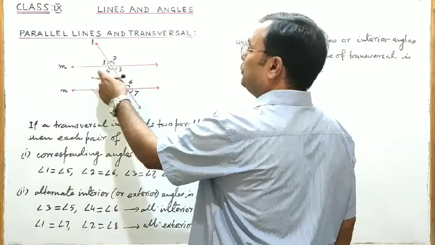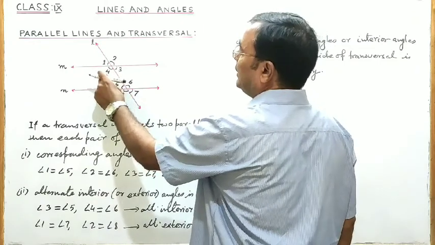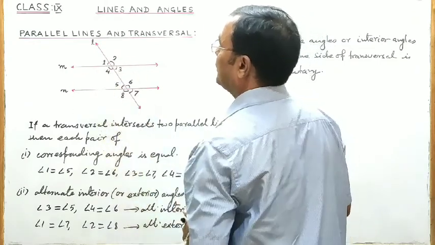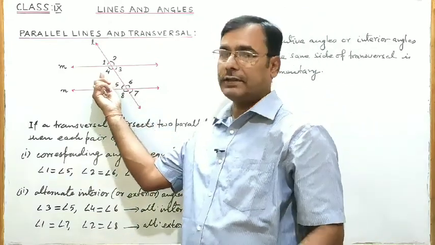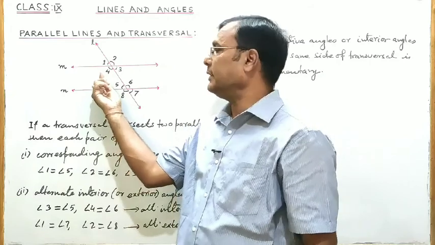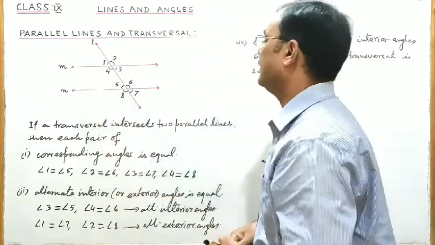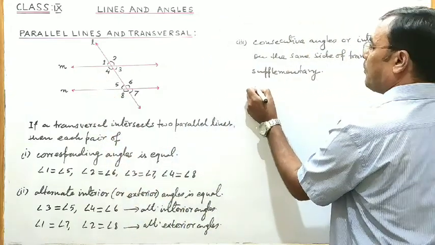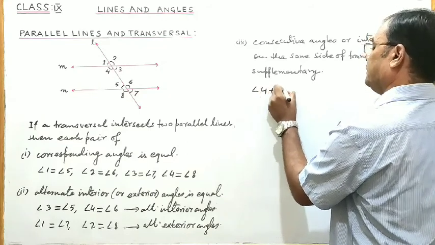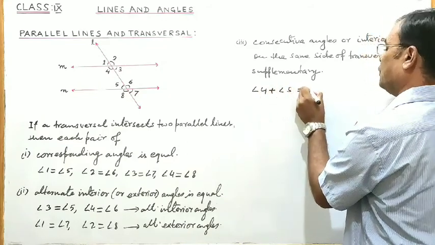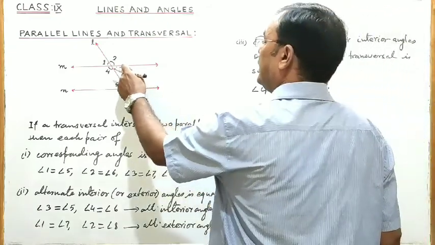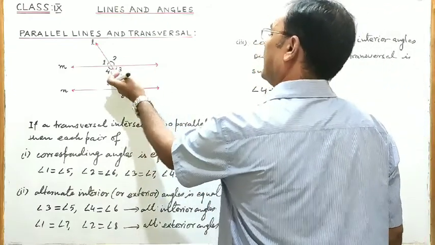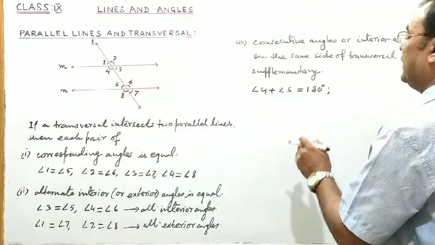Here angle 4, angle 5 are interior angles on the same side of the transversal, so they form a pair of consecutive angles and they are supplementary. That is, angle 4 plus angle 5 is equal to 180 degrees, and angle 3, angle 6, they are a consecutive pair of angles.